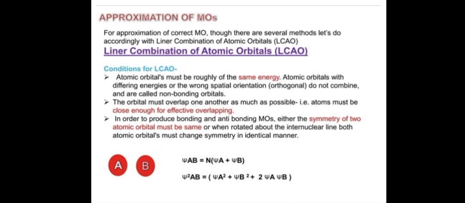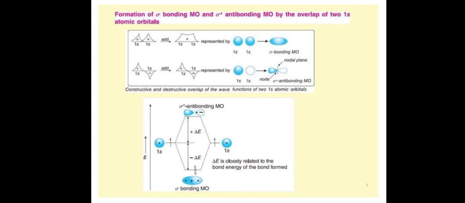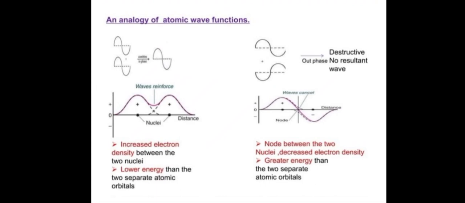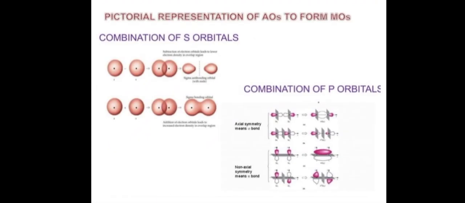We will have the next important aspect: what is a bonding molecular orbital and what is an anti-bonding molecular orbital. While we are learning about the bonding molecular orbital, you see the s orbital combining with another s orbital and giving rise to a molecular orbital.